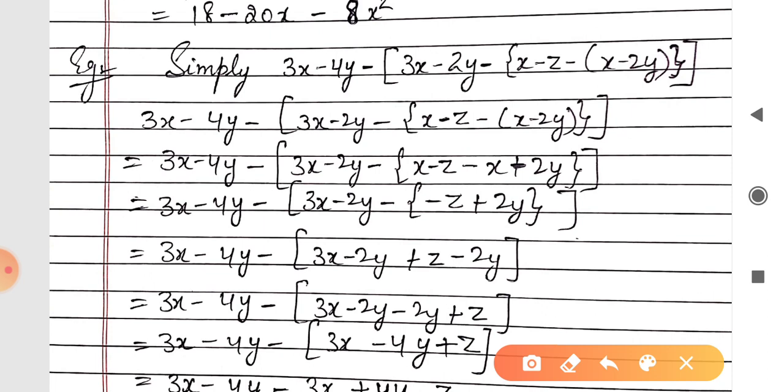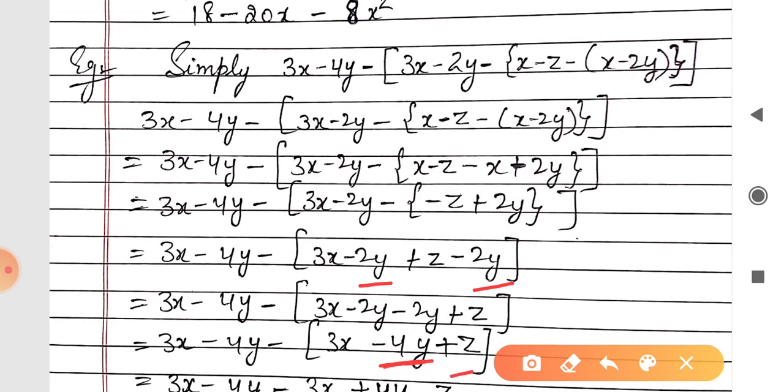Then we will solve this bracket. 3x minus 4y minus 3x, there is no other term that has x, so write here 3x, and minus 2y and minus 2y are like terms, so we will solve them. Minus 2 minus 2 is minus 4, so we will write here minus 4y.